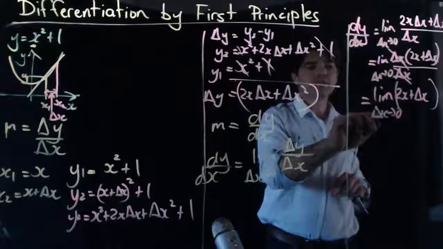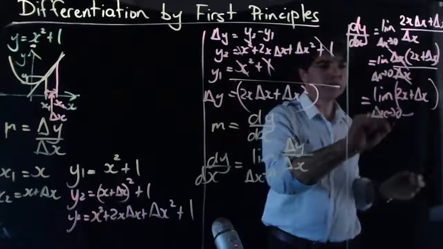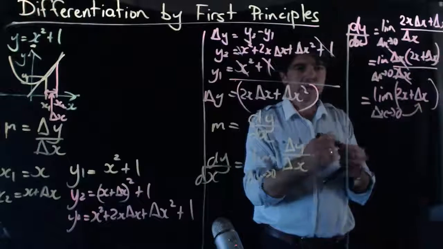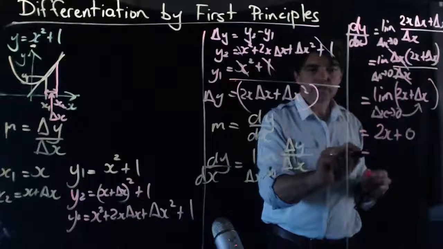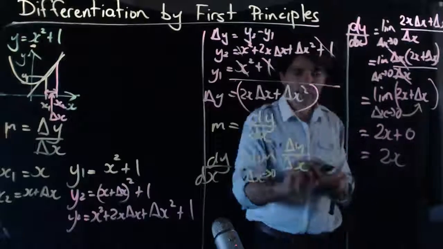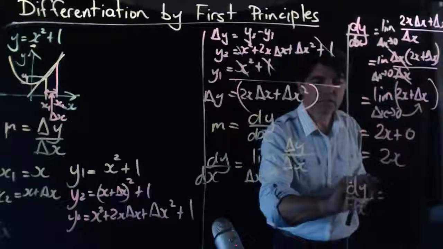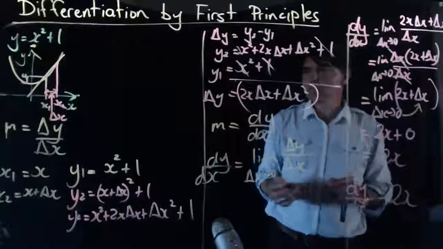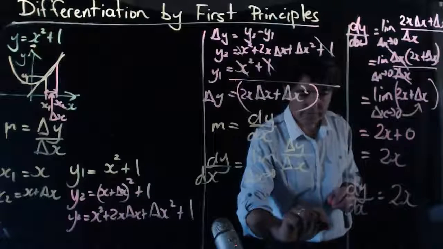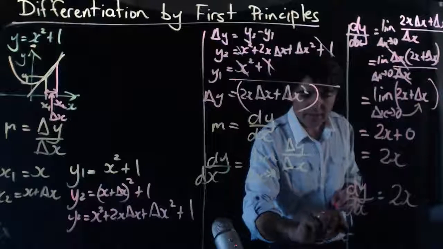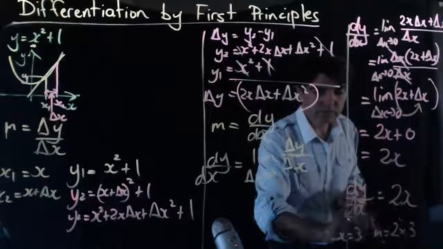So that means if this is 0, we substitute the 0 in for the delta x there. So this is equal to 2x plus 0, which is equal to 2x. So our derivative, dy on dx, is equal to 2x. So at any point, we can find the gradient. So for instance, if x is equal to 3, then m will equal 2 times 3, which equals 6.